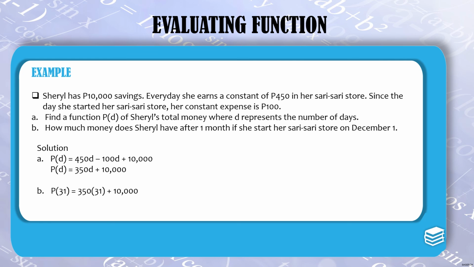Kaya we have P of 31 kasi yung days natin sa December ay 31 days. So substitute lang natin yan from the function that we formulated and then simplify. We have 20,850 pesos. So yan ang kita or pera ni Cheryl, total money niya kung nagbukas siya ng tindahan ng December 1 at nakalipas na ang isang buwan.